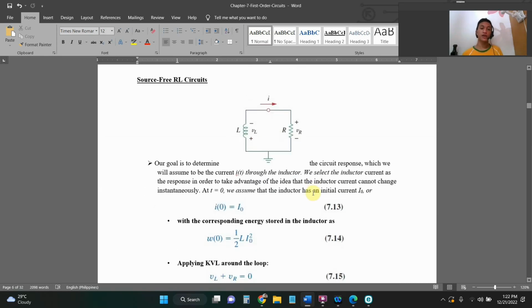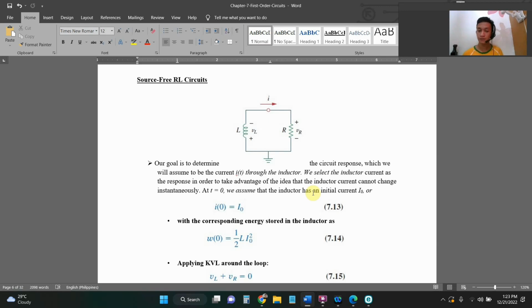Now, the source-free RL circuit. RL is a resistor-inductor circuit. Our goal is to determine the circuit response, which we will assume to be the current through the inductor. We select the inductor current as the response to take advantage of the idea that the inductor current cannot change instantaneously at t equals 0.